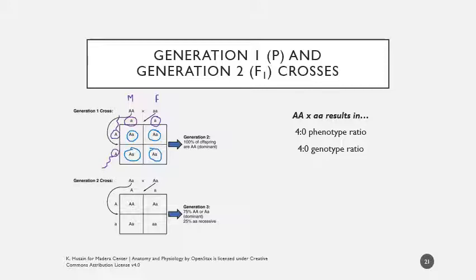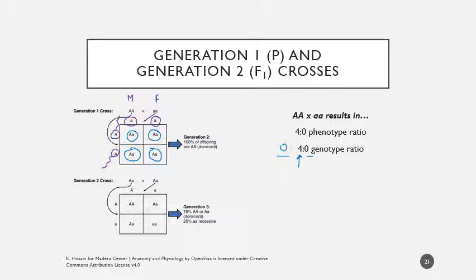And because we know something about the parents, we can say that it also has a 4-to-0 genotype ratio. All of the resulting offspring are heterozygotes. Really, what this should be is 0 to 4 to 0. There's no homozygous dominant, no homozygous recessive, just heterozygotes for the genotype.